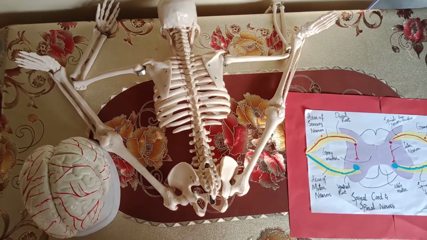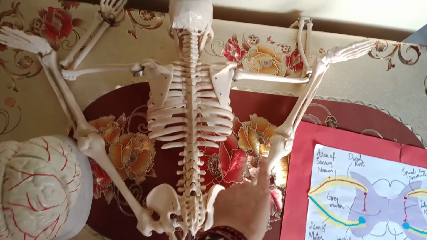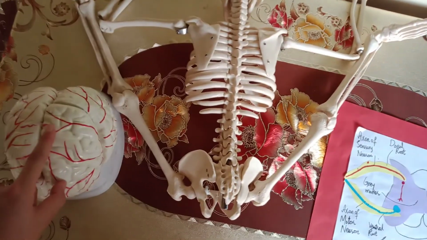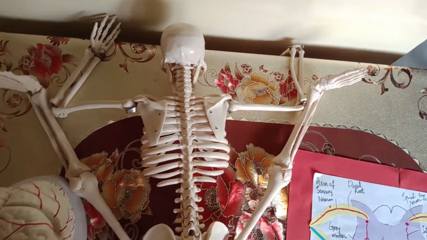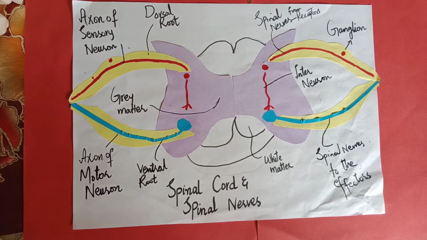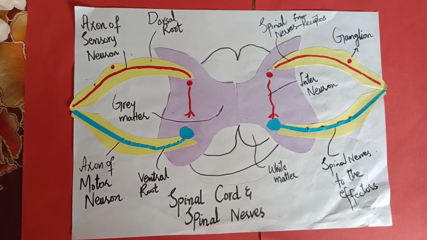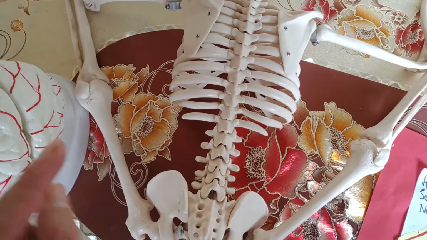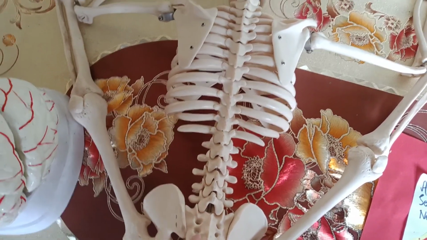The spinal cord transmits nerve impulses from body parts to the brain and from the brain to the body parts. Now I will discuss the spinal cord and spinal nerves. 31 pairs of spinal nerves arise from the spinal cord.